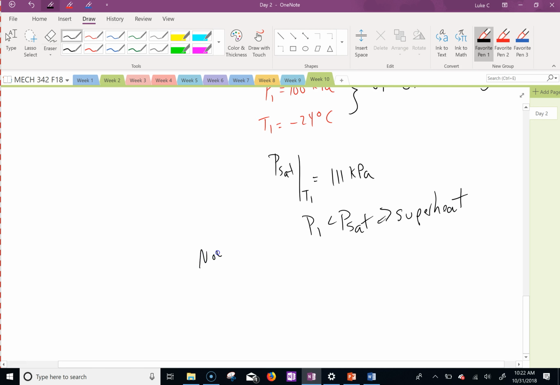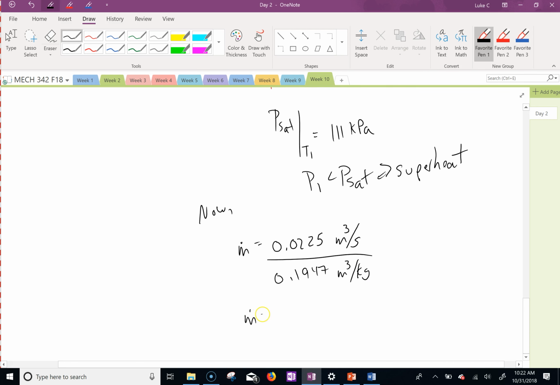Okay, so now m dot equals 0.0225 meters cubed per second divided by 0.1947 meters cubed per kilogram, and you get 0.1156 kilograms per second.